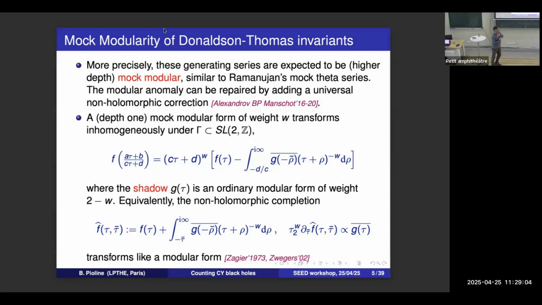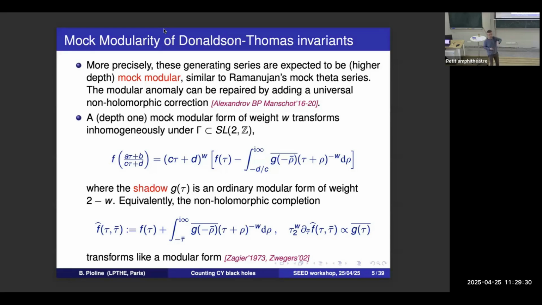There's an equivalent way of saying the same, which is to say that your original function f was not modular, but there is a way to repair this modular anomaly by adding a non-holomorphic term, which depends on tau bar. This term involves a similar type of integral, but now you integrate from minus tau bar. So if tau was in the upper half plane, minus tau bar is also in the upper half plane.